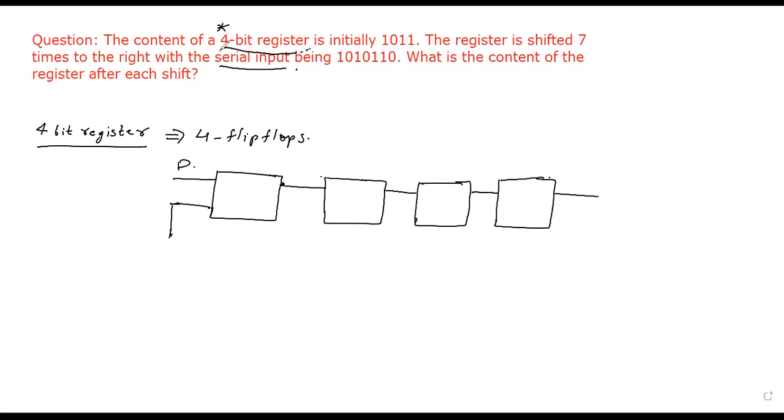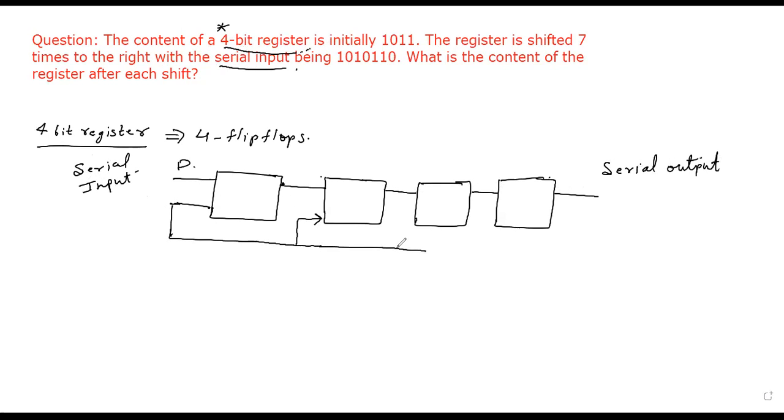As mentioned, this is my serial input, and this is my serial output. This is the clock part, which goes to each and every flip-flop, because one flip-flop holds 1 bit of data. So for a 4-bit register, we need 4 flip-flops, and we are using 4 D flip-flops to understand this.